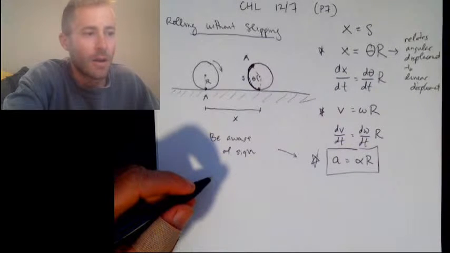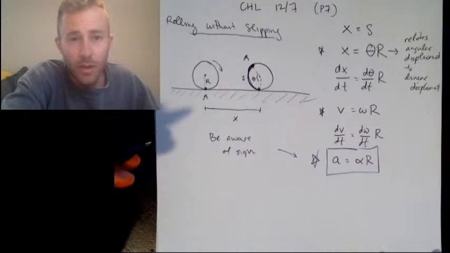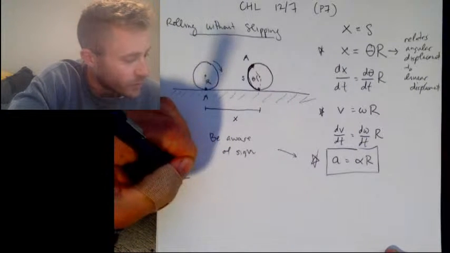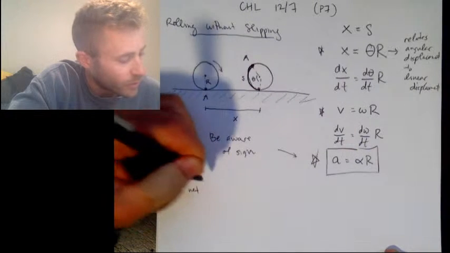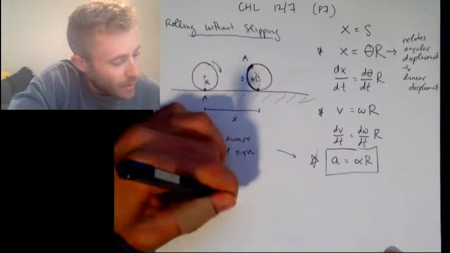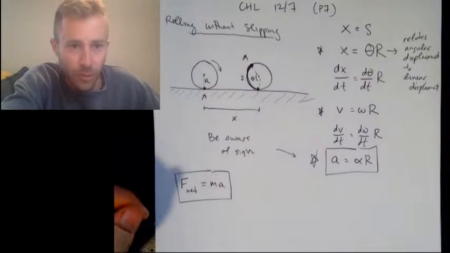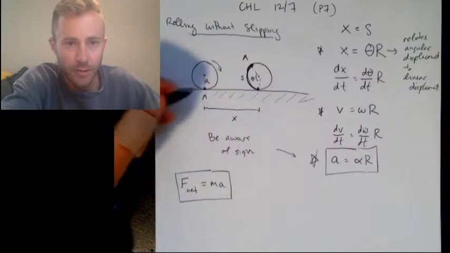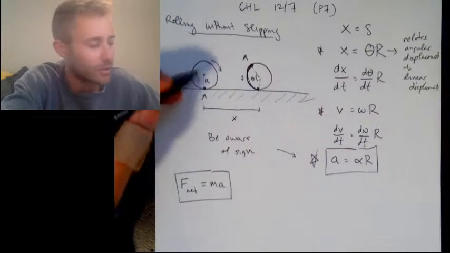The other equations are the linear form of Newton's second law, which is net force equals ma, and the rotational form of Newton's second law. We're assuming that this is a rigid body so that its shape isn't changing while it rotates.